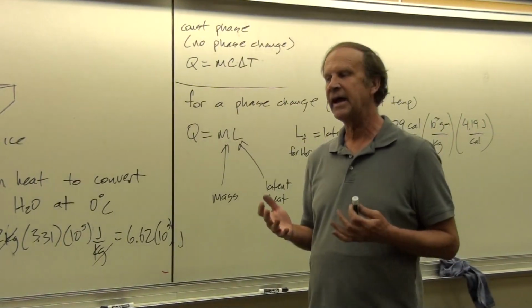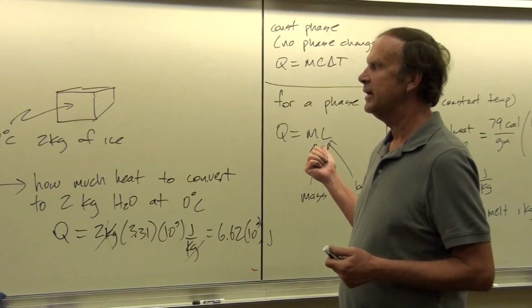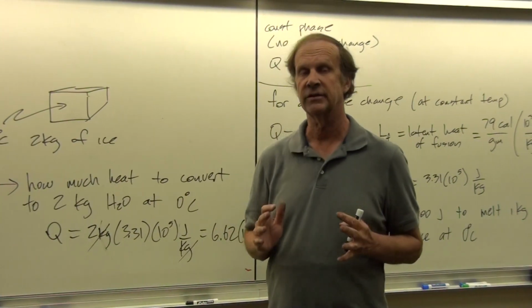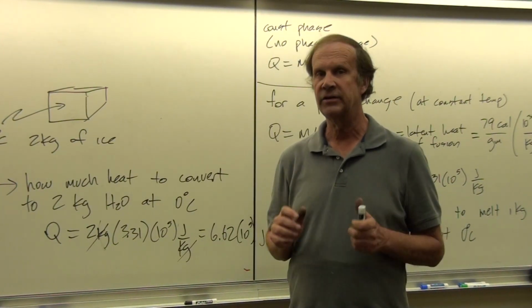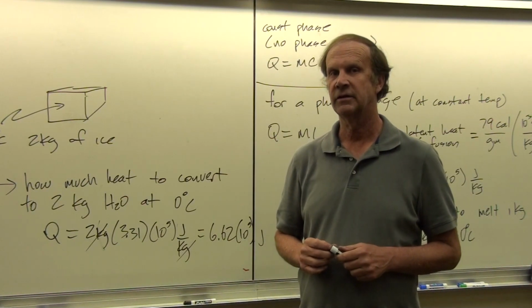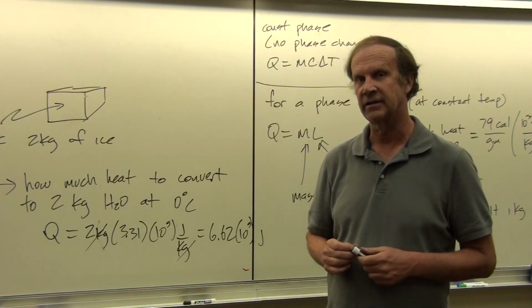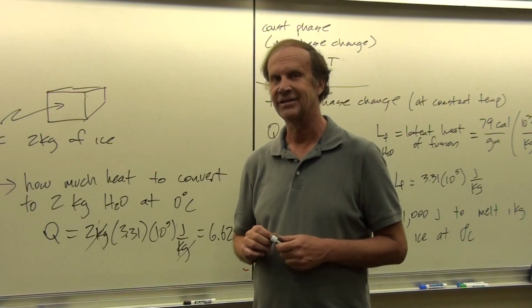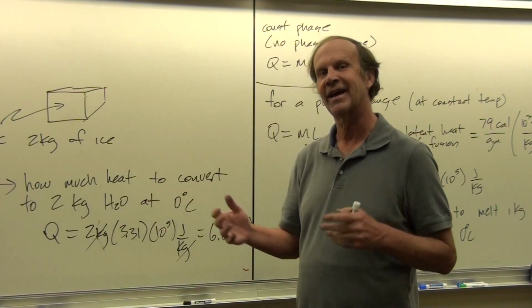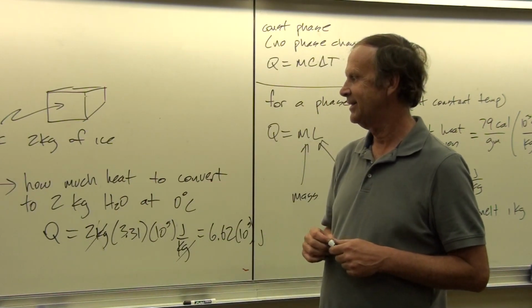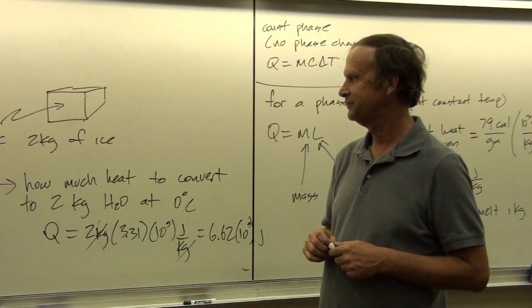By the way, the kind of calories that we're talking about here, where 4.18 joules equals 1 calorie, are not the kind of calories you count when you're going on a diet. Those are kcals. And so these kind of calories are just 1,000th of the kind of calories that you count. And so we don't want to confuse those two.